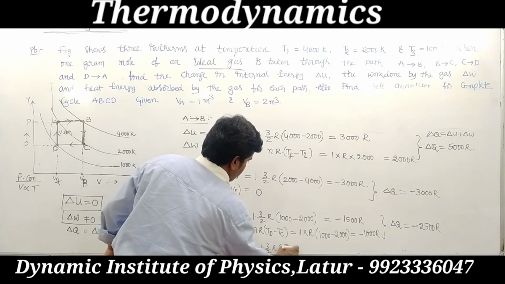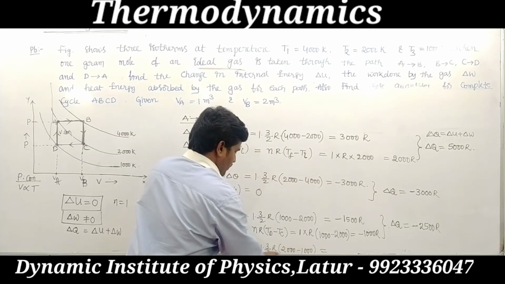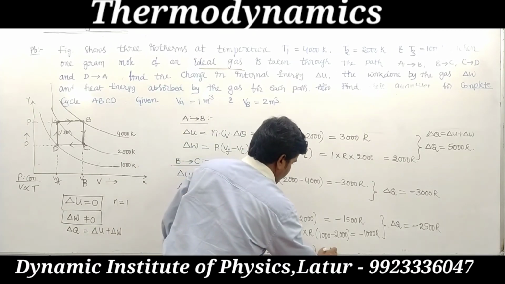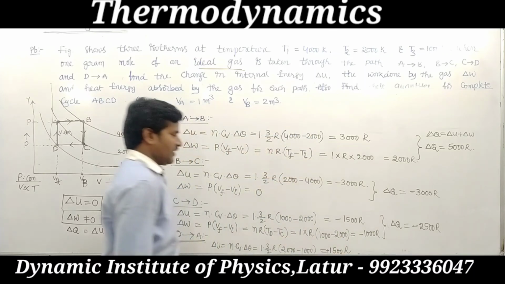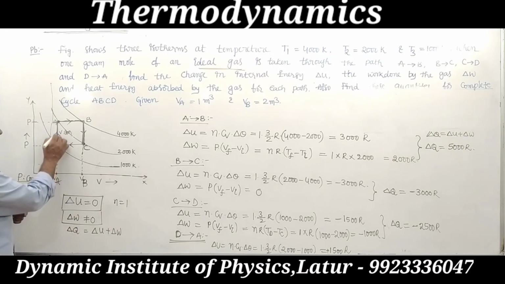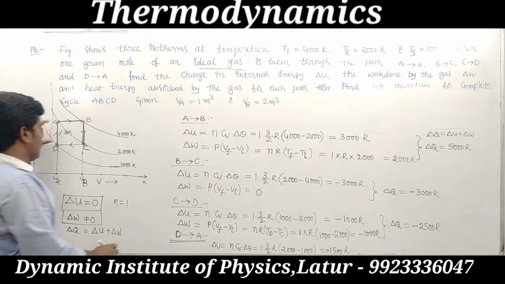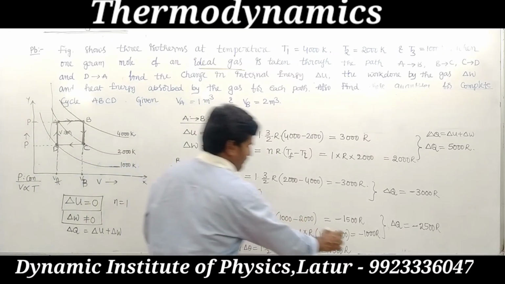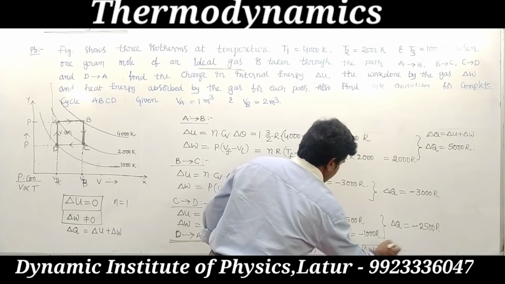So this is 1000 into 3 by 2, that is plus 1500 R. But in D to A, the work done becomes 0 because the volume is constant.